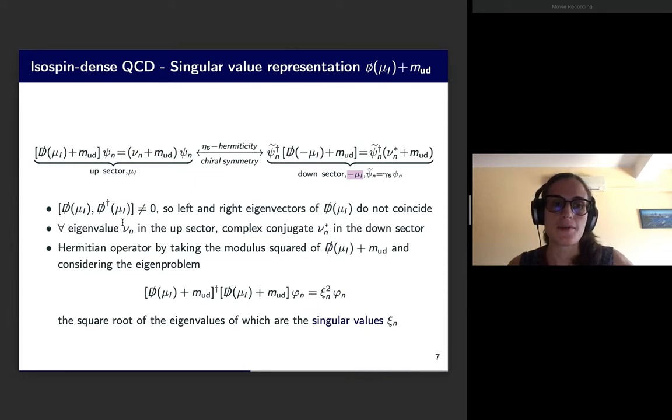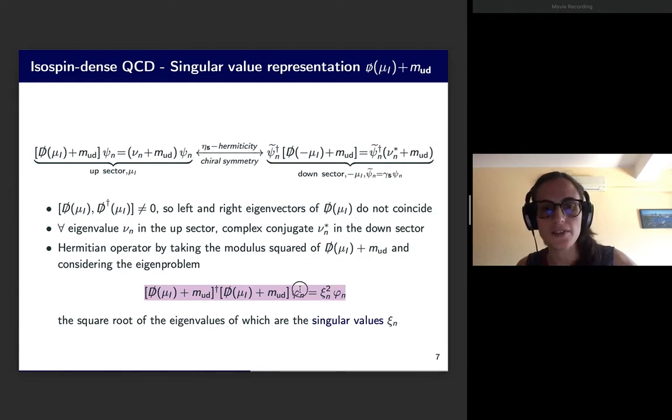Then this means that we can also construct a Hermitian operator, and this can be done by taking the modulus squared of the massive Dirac operator, in which case we would be considering a different eigenproblem, and this different eigenproblem would take exactly this form.